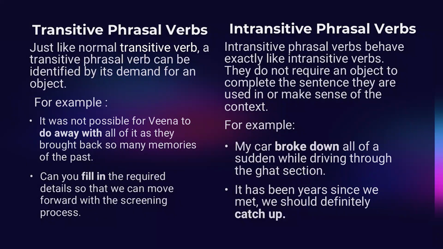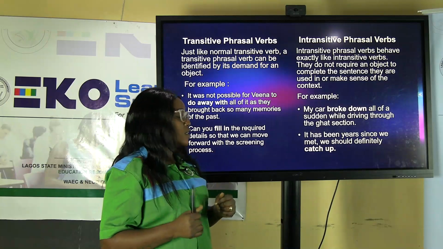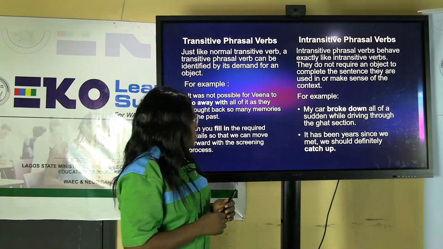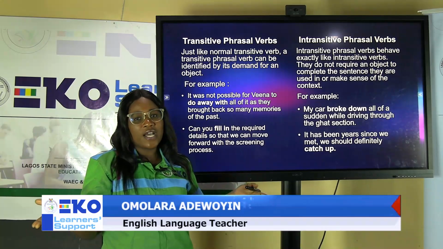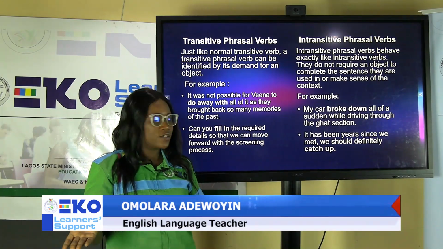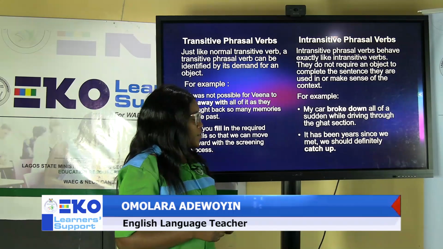Look at the intransitive phrasal verb. Here, the phrasal verbs behave exactly like intransitive verbs. Look at the example. My car broke down all of a sudden while driving through that section. Broke down. What does it mean for a car to break down? It stopped. So we could say my car stopped.